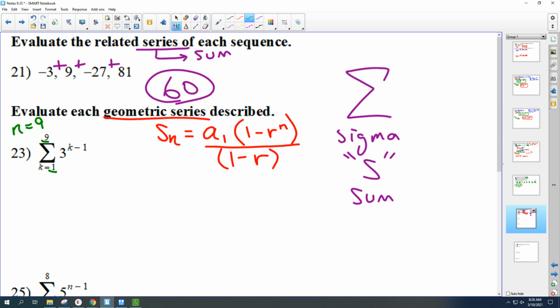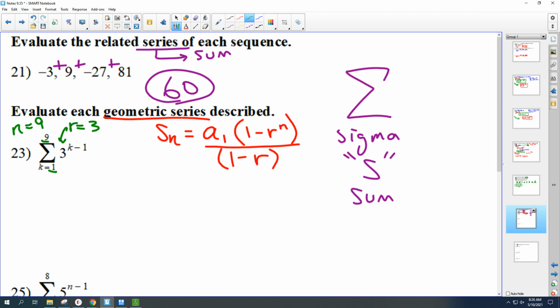But since we're going from 1 to 9, you can just count 1, 2, 3, 4, 5, 6, 7, 8, 9. There will be 9 numbers. Your r value is just whatever this number is right here. R equals 3. That's your base on your exponential. So that's a base 3, whatever that number is, 3.